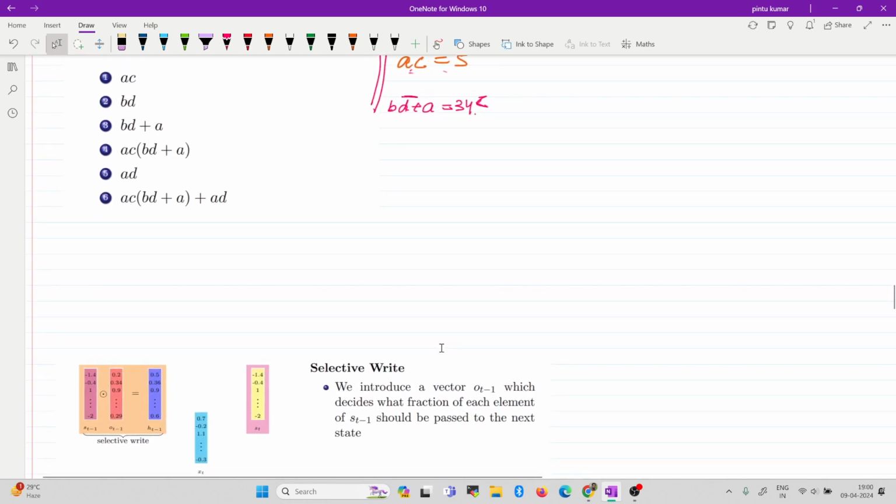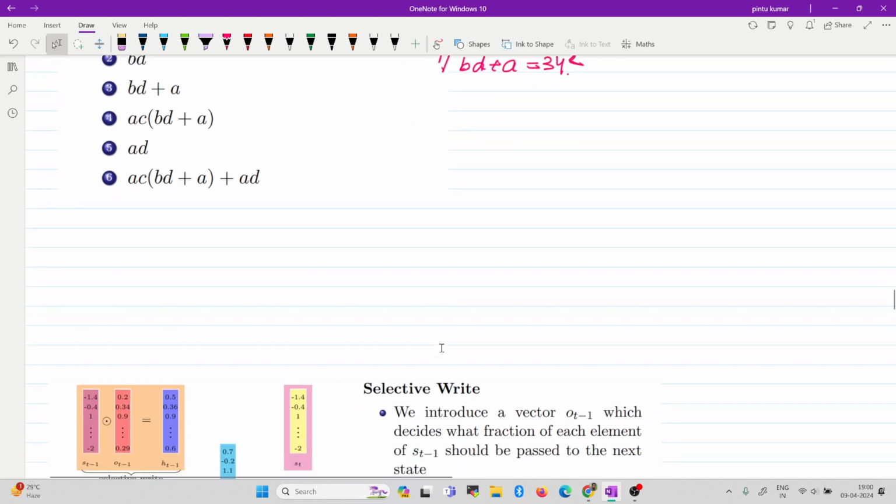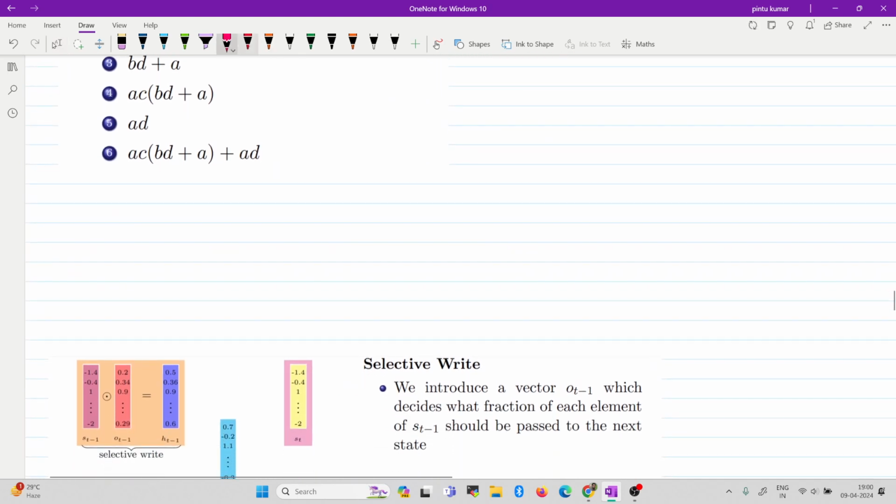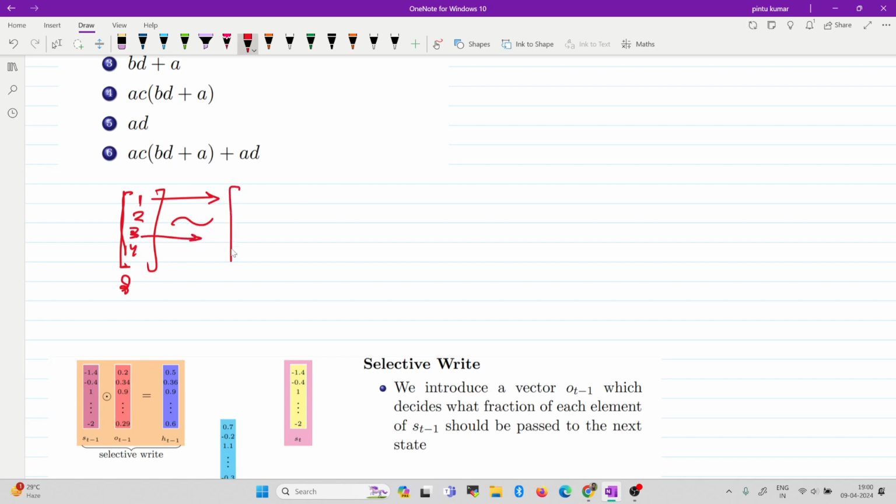One very small thing: let's say this is your vector s, which looks like, say, 1, 2, 3, 4. When I say that we want to select some important information, one possibility is that you say the first coordinate is important, the third coordinate is important, I'll preserve these two coordinates, and everything else would be 0.